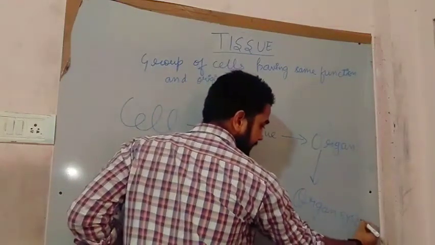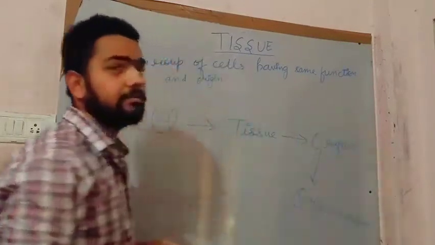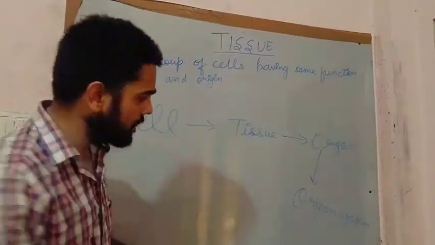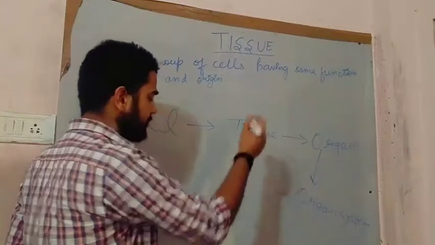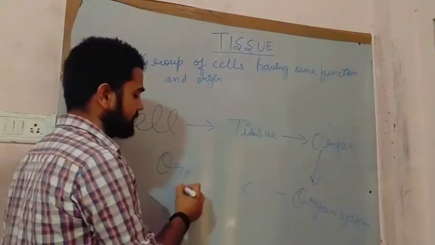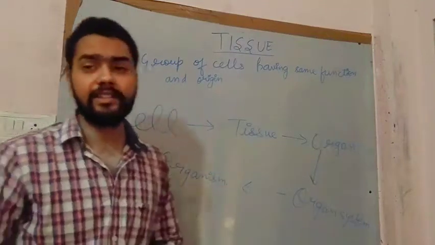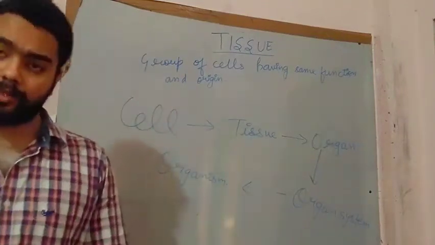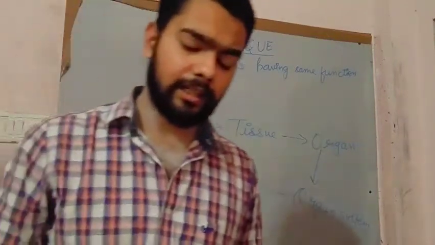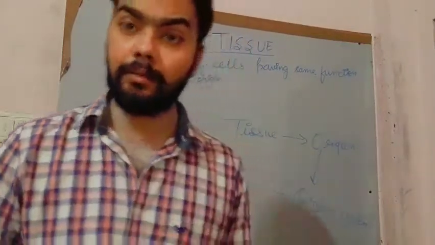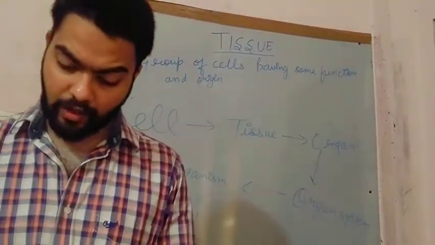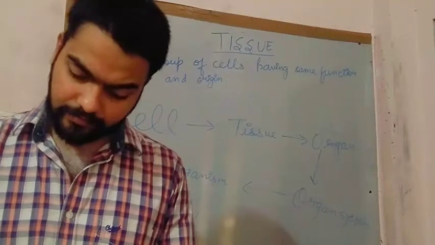For example, respiratory system, excretory system, nervous system, and organ system combine together to form organism. As we are made up of many organ systems: digestive, excretory, respiratory, reproductive. Many organ systems combine together, and then only an organism can be formed.